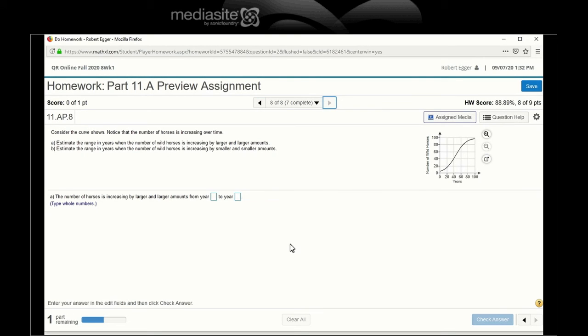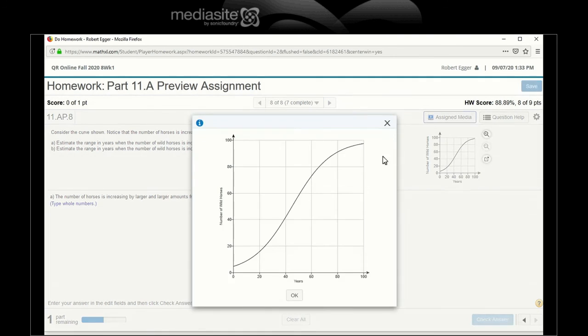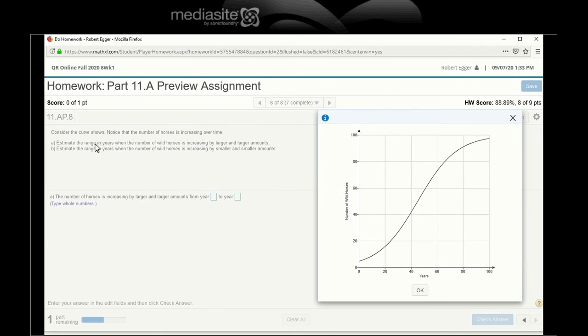Last one. Consider the graph of the curve shown. Okay, let's go with the bigger one though. Estimate the range in years when the number of wild horses is increasing by larger and larger amounts. So that would be when it's concave up, which would be on this side of the asymptote.